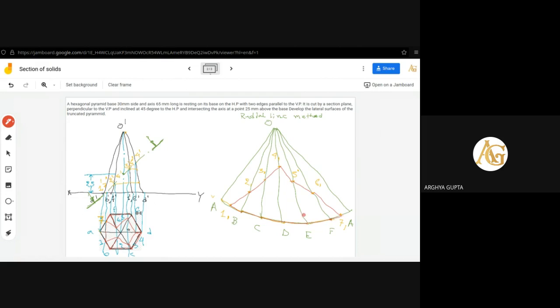And these also, because this line will remain: 2 to B, then 3 to C, 4 to D, next 5 to E, then 6 to F. So hence our drawing will be complete.